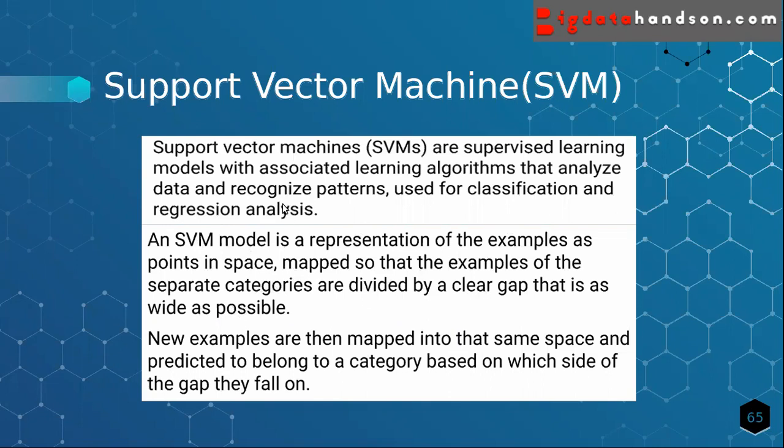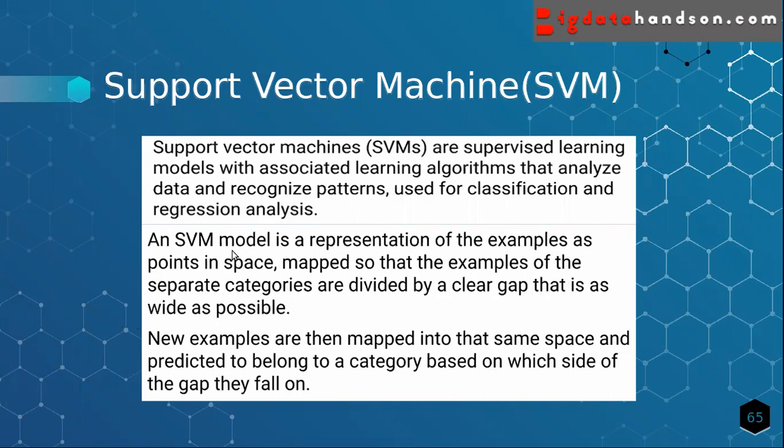In SVM we also have many algorithms. The first algorithm is linear SVM. In linear SVM, let's say you have two categories of data, and we want to separate them by a line. That line divides the categories with a clear gap that is as wide as possible.